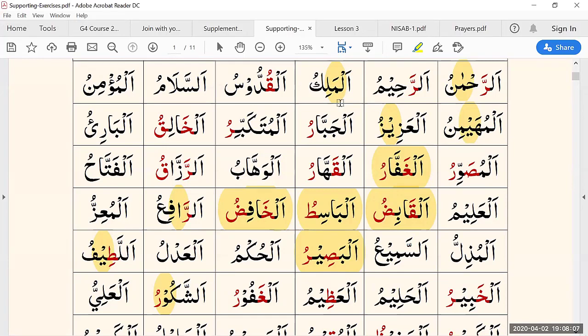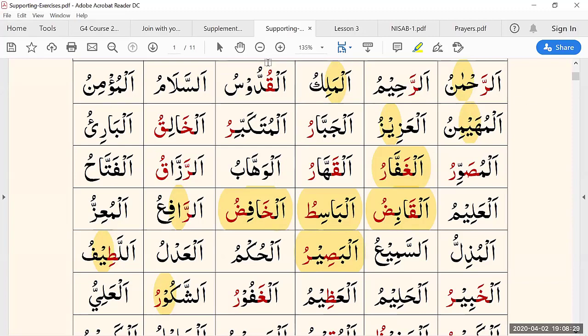So I would like to ask the students, what is the difference between these two letters? Obviously, the stroke is different, but according to the rules which we have to apply on these letters, what would be the difference?